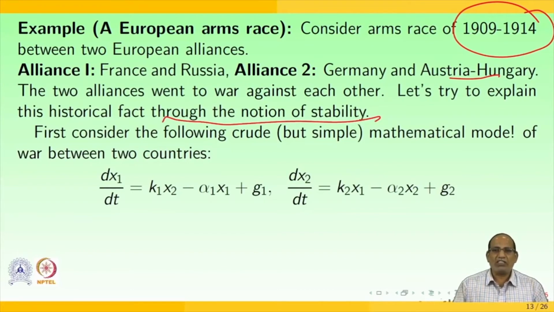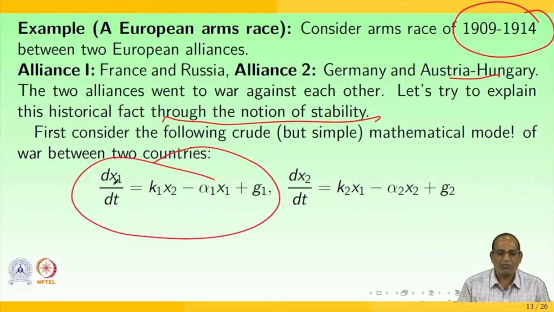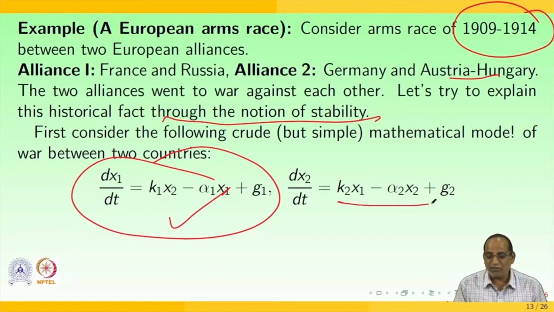First, consider the following crude mathematical model of war between two countries. I will write this as dx1 by dt is equal to k1 x2 minus alpha 1 x1 plus g1, and dx2 by dt is equal to k2 x1 minus alpha 2 x2 plus g2.